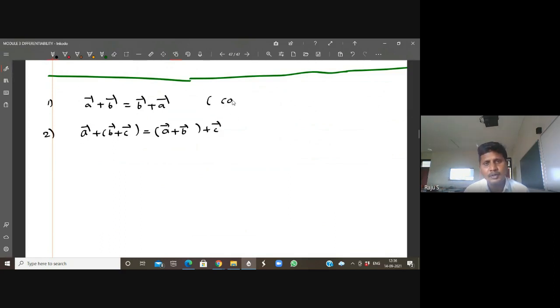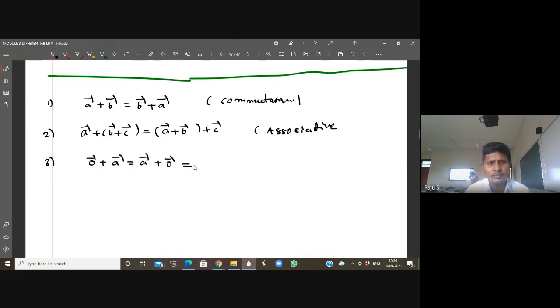This is called the associative property. And it should satisfy the identity property, like 0 vector plus any vector should be equal to the vector. A plus 0 vector should be equal to A vector. Here 0 vector is called the additive identity.